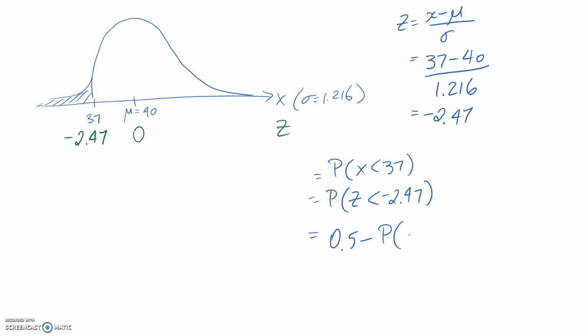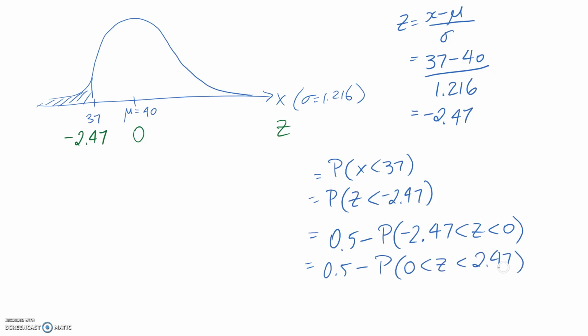So minus the probability from, in terms of z, let's do it smallest to the biggest, so from minus 2.47 up to 0. And then if we want to, we can flip this over because we know that our diagram is symmetric. So the probability of that will be the same as this.